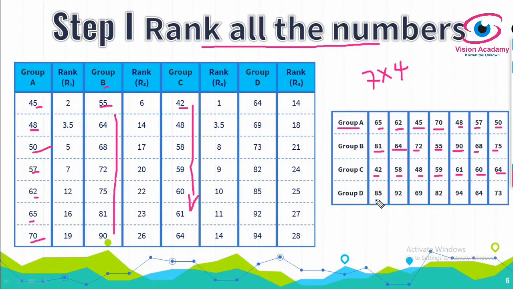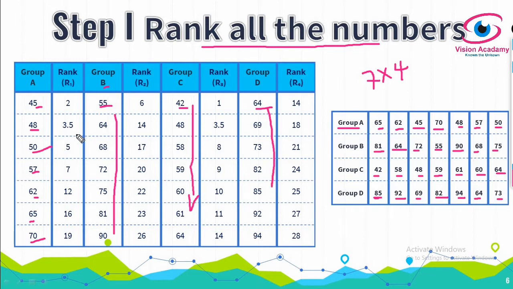And the last group, group D. The smallest element in group D is 64. I have taken this first. After that 69, 73, 82, 85, after that 92, and lastly 94. So firstly I have taken all the given observations in ascending order.